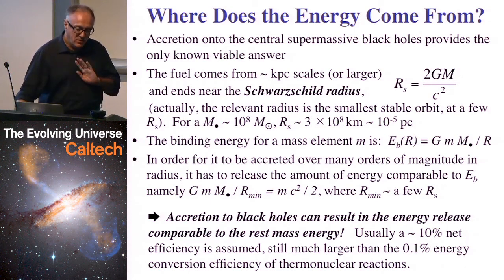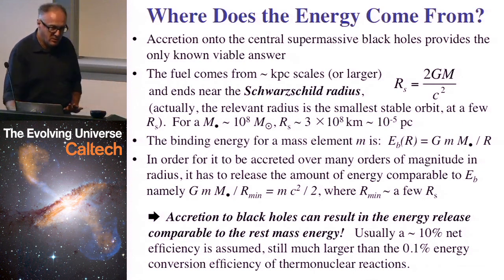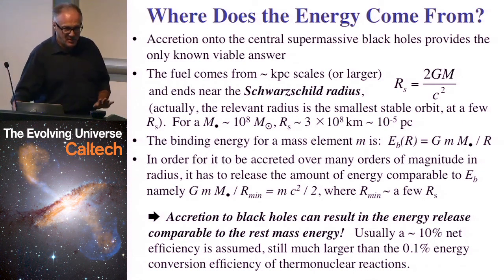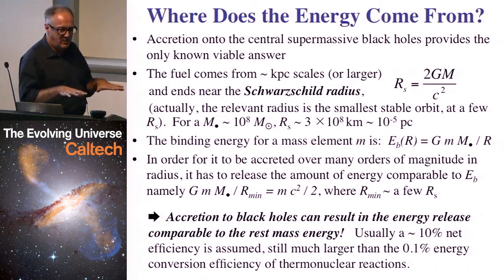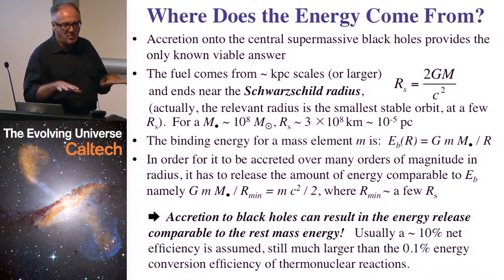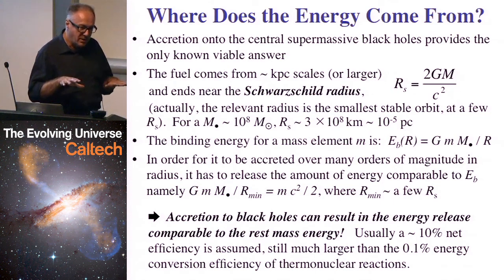If you could go directly to the Schwarzschild radius, you could radiate away 100% of the rest mass energy. But in fact, no, they settle into the accretion disk, and the accretion disk has an inner edge, which is the smallest stable orbit. This is where the differences between Einstein gravity and Newtonian gravity come in.